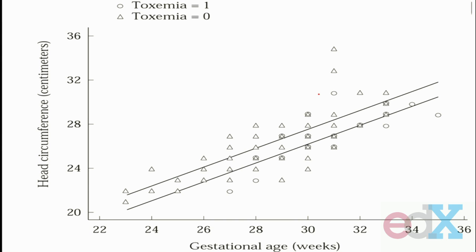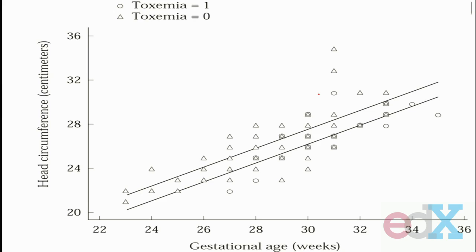So the question is, does gestational age, you can argue, why did the pregnancy come to an end and the delivery? Was this something due to the mother? Was this something due to the fetus? What caused the delivery to happen? Well, if you think of toxemia, that's certainly something that has to bear on the mother's condition.